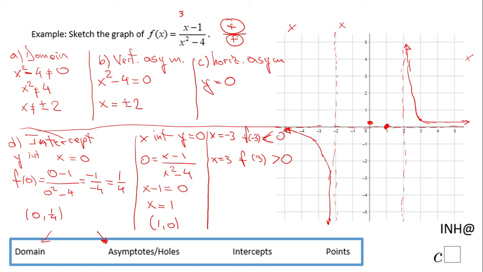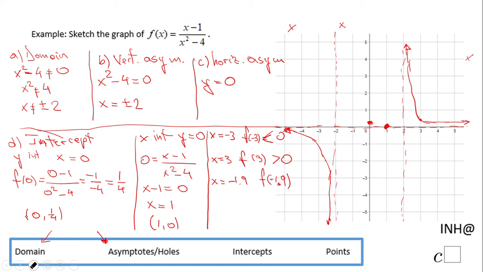Then we have to look in the middle between -2 and 2. Here again, the same story. I'm going to go with a number that is close to -2 from the right side, so that will be -1.9. F of -1.9: is that a positive number or a negative number? Like I said, you can evaluate it in case you need it, but you don't really have to.